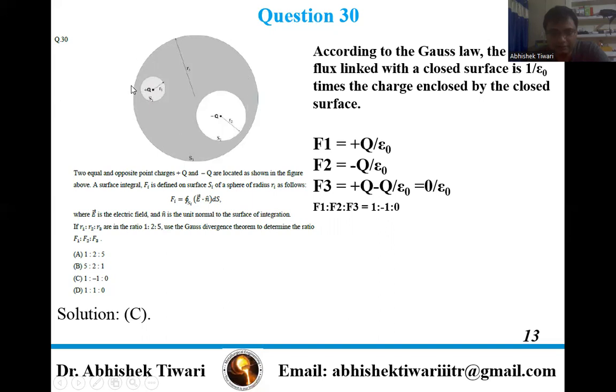And F3 is plus Q minus Q divided by epsilon naught, so this will be equal to 0 by epsilon naught. The ratio of F1 is to F2 is to F3 is plus 1 is to minus 1 is to 0. So the correct answer is option C.